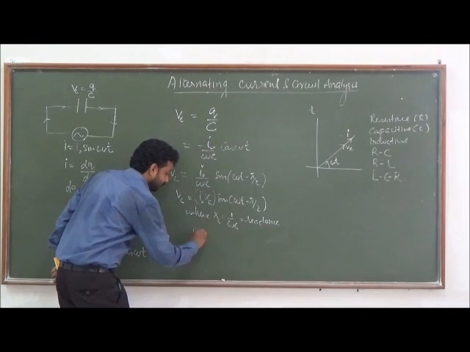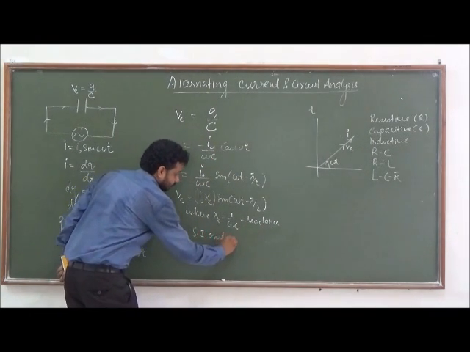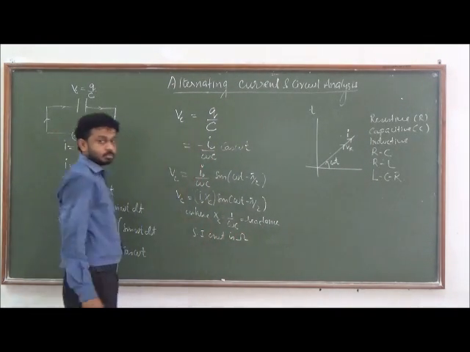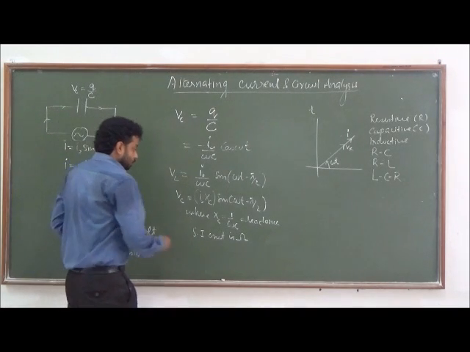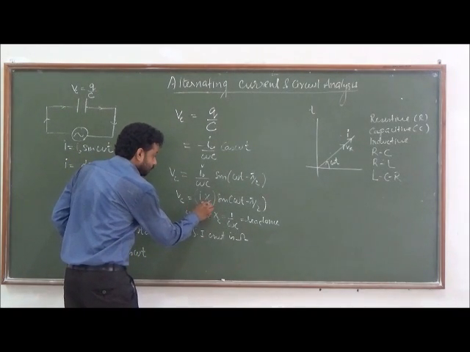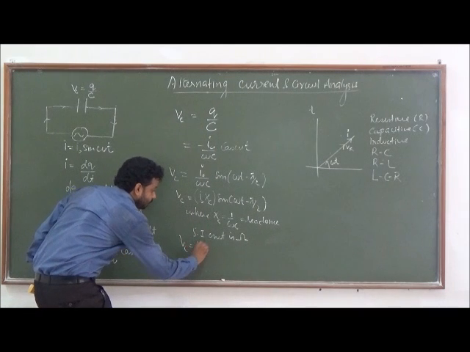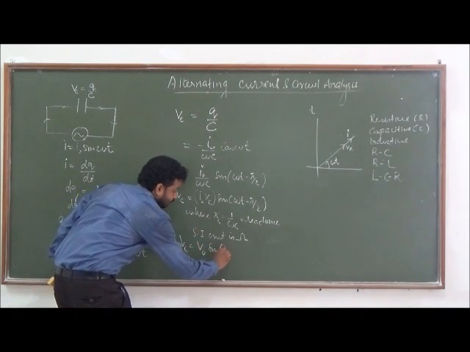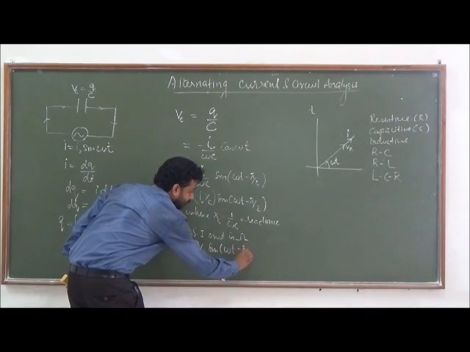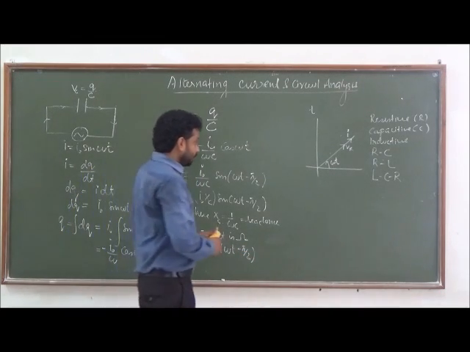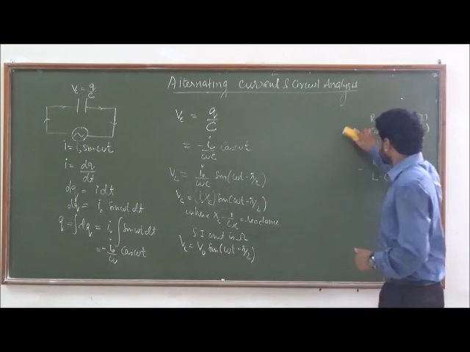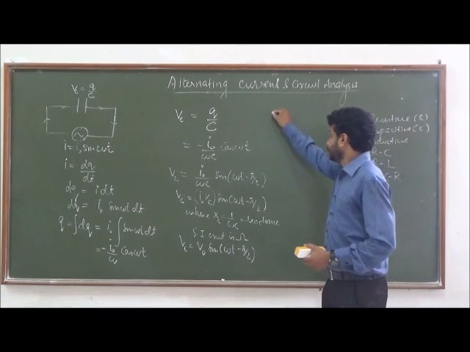It basically has the SI unit of ohm. Okay? So I can now write I naught into Xc as V naught sin(omega t minus pi by 2). Now let us try to see how the phasor diagram looks.